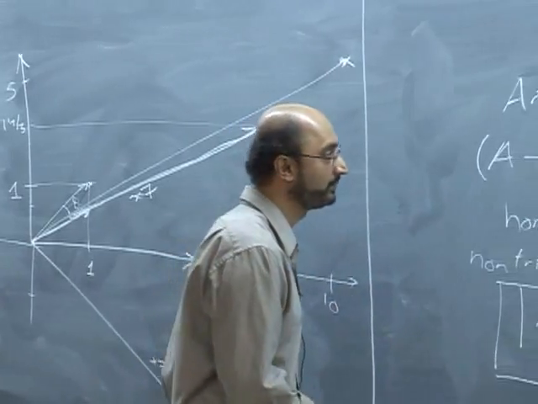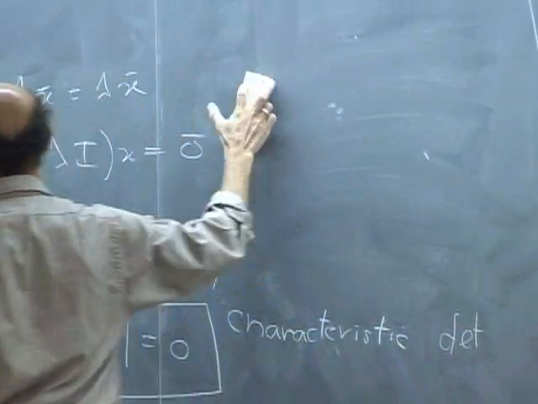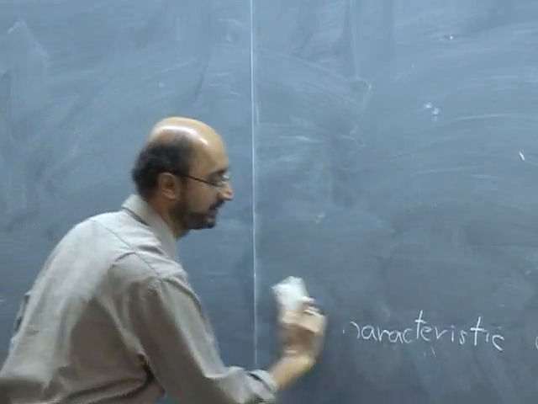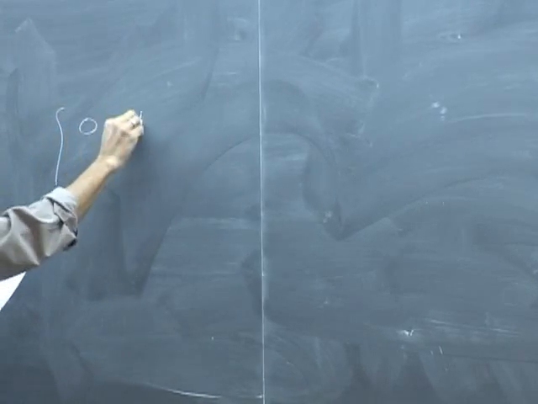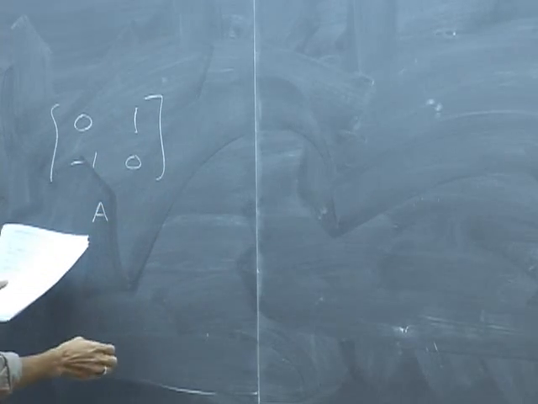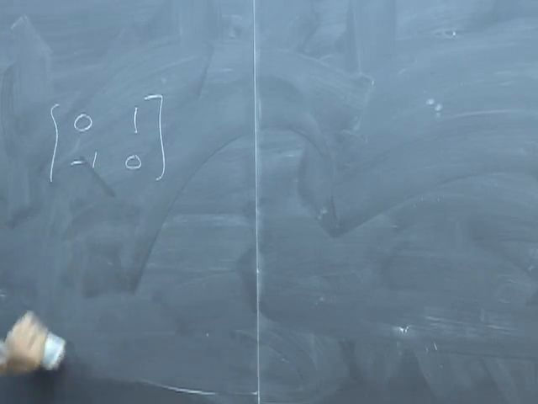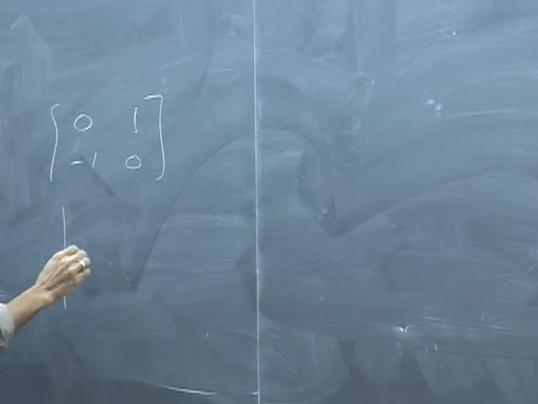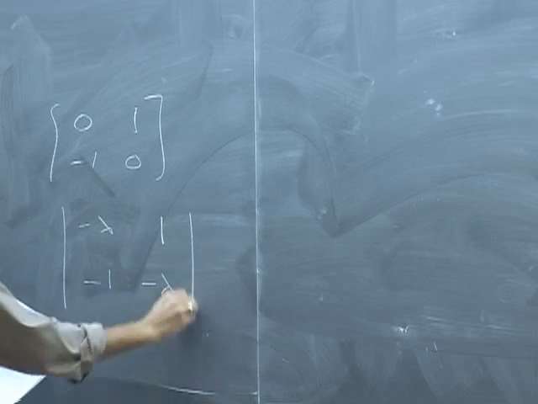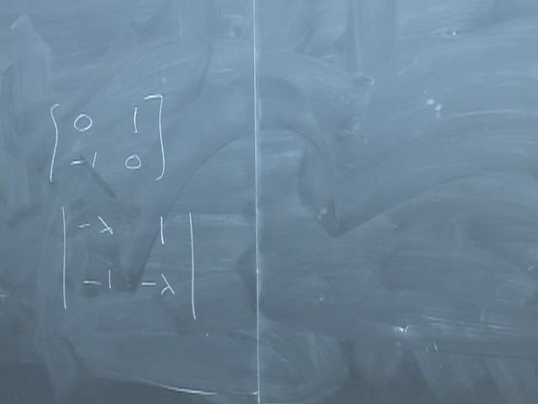So just to show you some complex eigenvalues, let me do one more example with a trivial matrix. Let's take the transformation 0, 1, minus 1, 0. If this is A, you can write down the characteristic determinant by inspection as minus lambda, 1, minus 1, minus lambda, because the determinant of A minus lambda I is this.